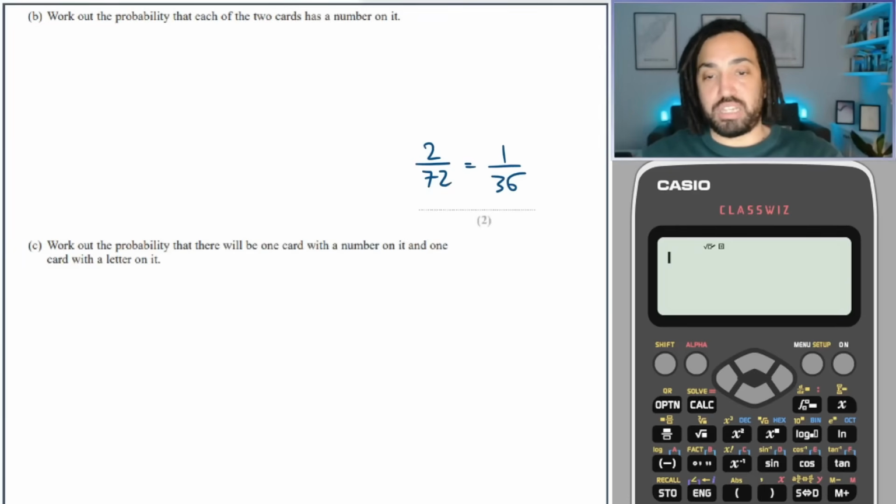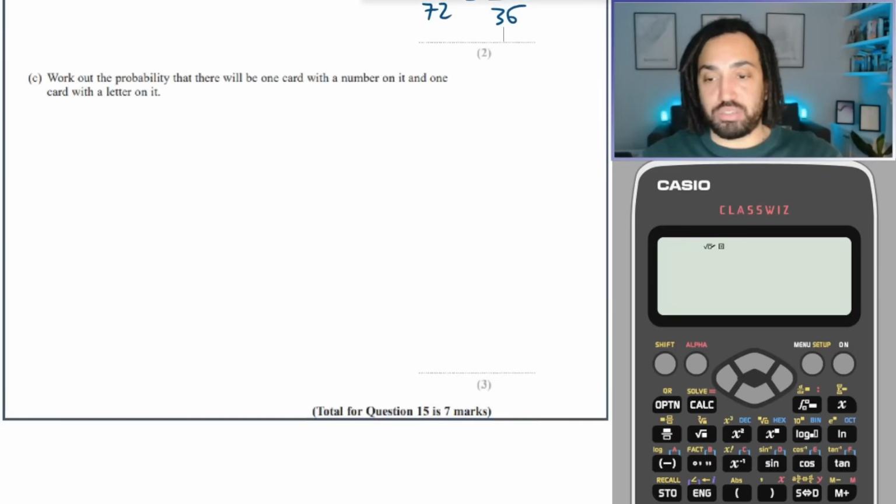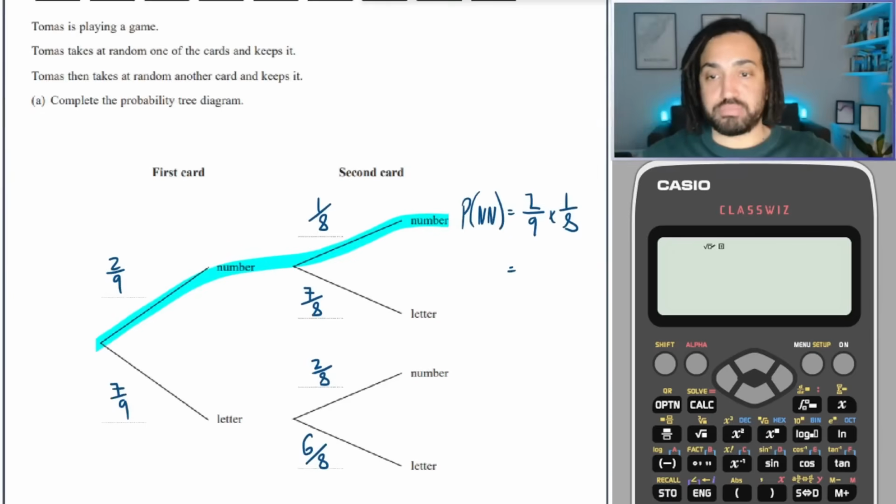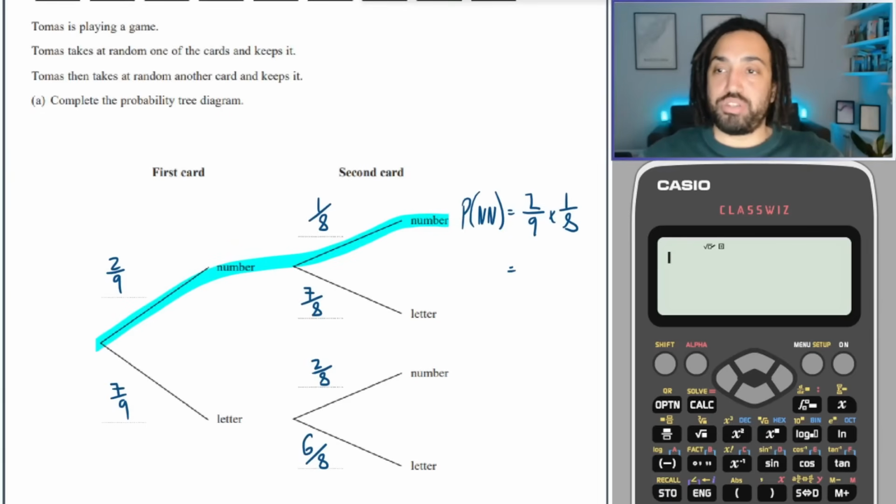Work out the probability that there will be 1 card with a number on it and 1 card with a letter on it. Okay. Well, that can happen 2 ways. He could do this branch, or he could do this branch. So what are the chances?